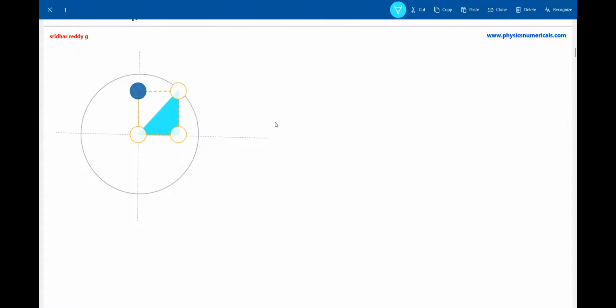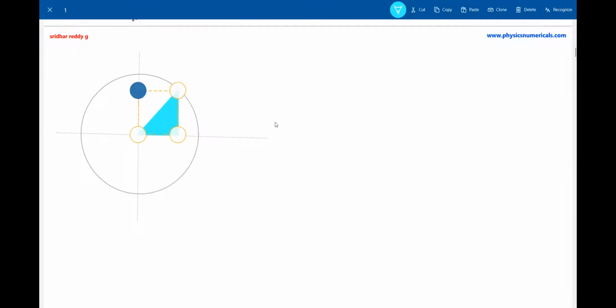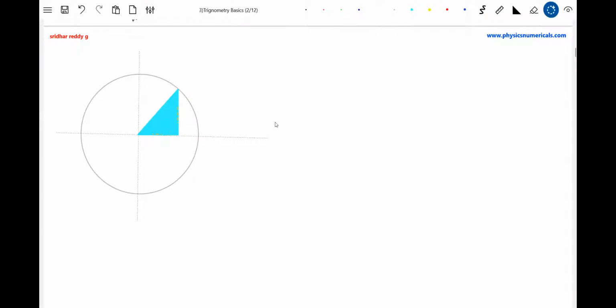So I'm putting a triangle like this. You can see it clearly. Here is the triangle I brought. So this is theta. This is the theta equal to 0 degree line, and this is 90 degrees, and it's a right angle triangle.